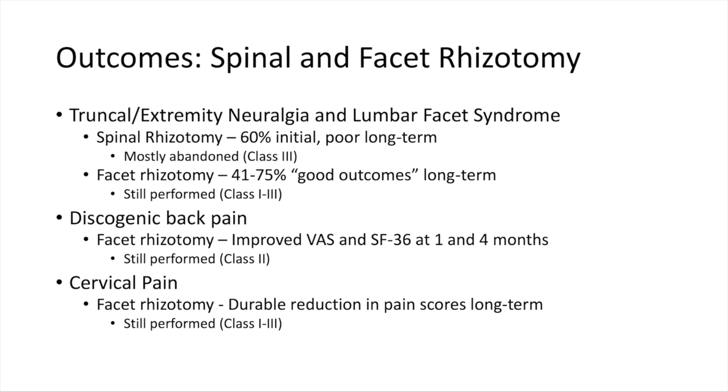In the studies on rhizotomy for truncal or extremity neuralgias and lumbar facet syndrome, success rates were initially around 60%, but declined on long-term follow-up. Despite the variability in treated pain syndromes, number of sectioned roots, outcome measures, and follow-ups, the results were discouraging enough that the procedure was relatively abandoned and replaced with modified rhizotomies directed at facet denervation for the treatment of lumbar facet syndrome.